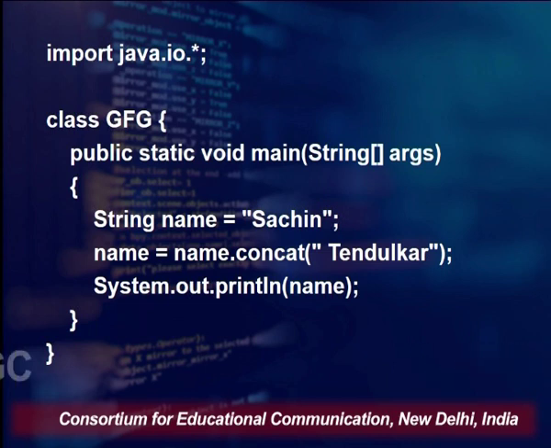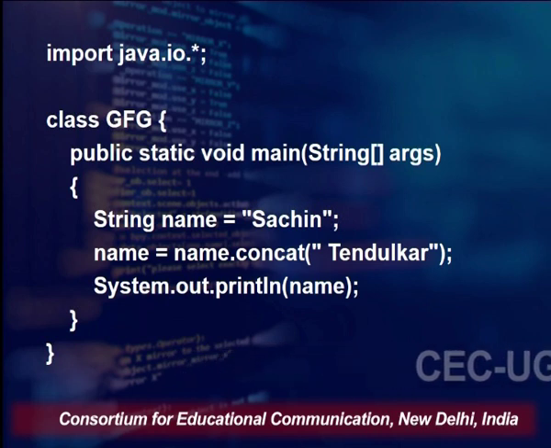So, a new object was created and left over there. But here, if we say name = name.concat("Tendulkar"), whatever is created is assigned to name, that means that object will be assigned to name.